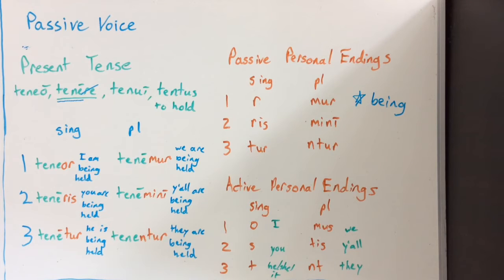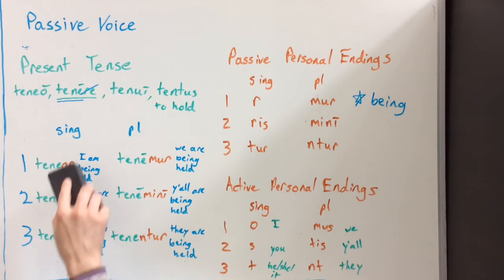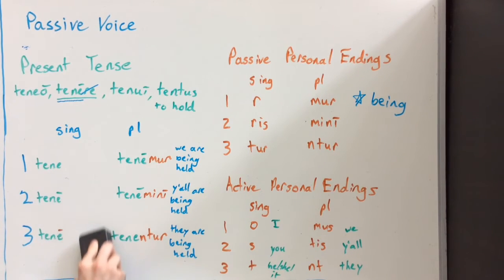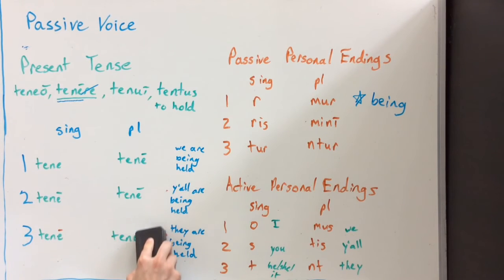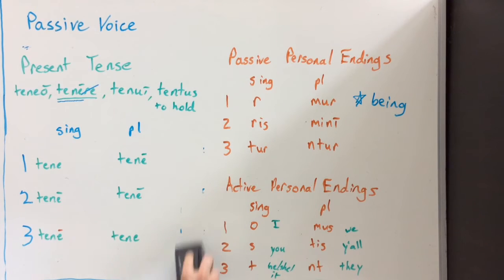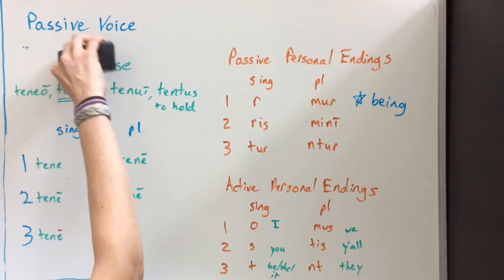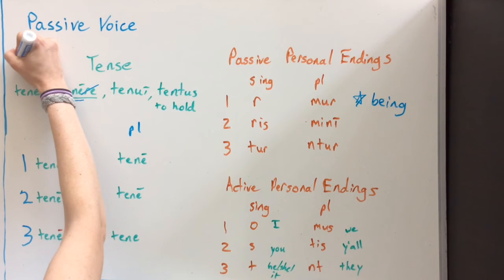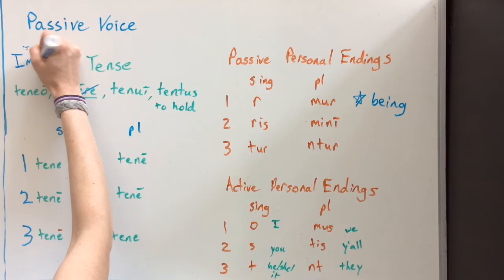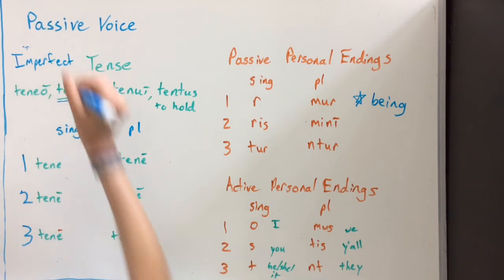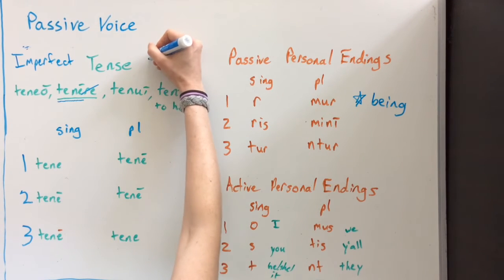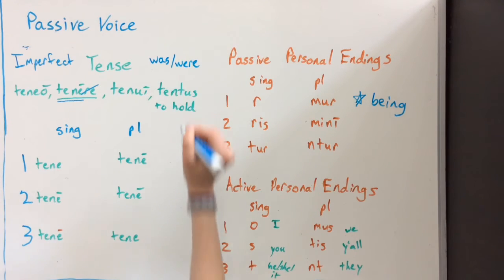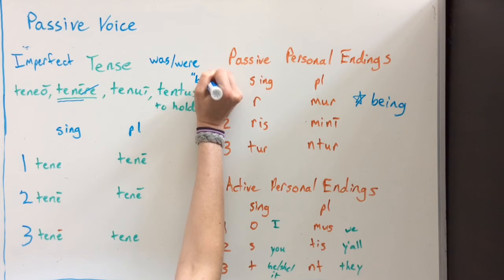All right, let's apply this to the other tenses. We're going to be able to reuse that same present stem. So I will leave it in place as we move on to the imperfect tense. As we remember, the imperfect tense is translated was or were and uses that infix ba.